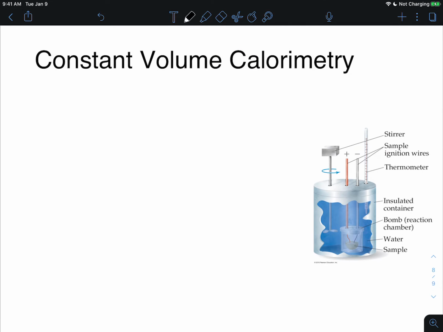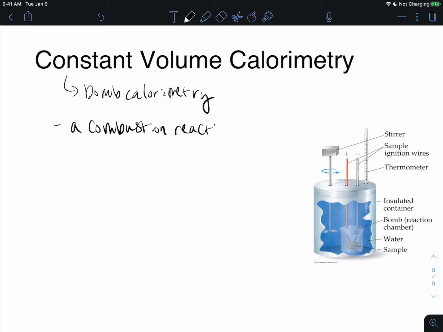We also have something that's called constant volume calorimetry or bomb calorimetry. And it's called bomb calorimetry because it is calorimetry that's performed in a bomb. So this is a calorimetry experiment where we're doing a combustion reaction. So a combustion reaction is carried out in a bomb calorimeter.